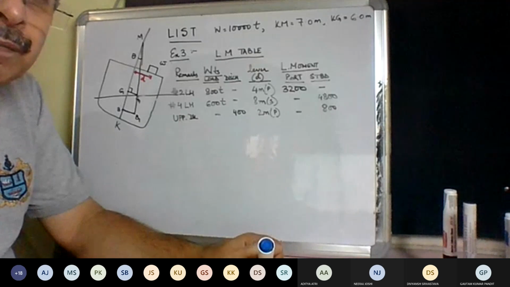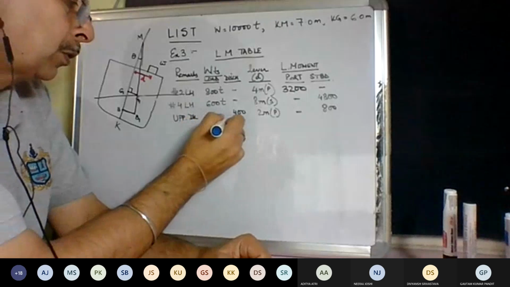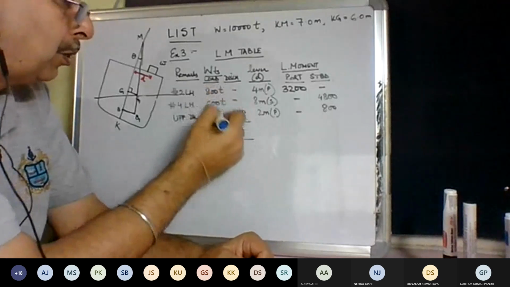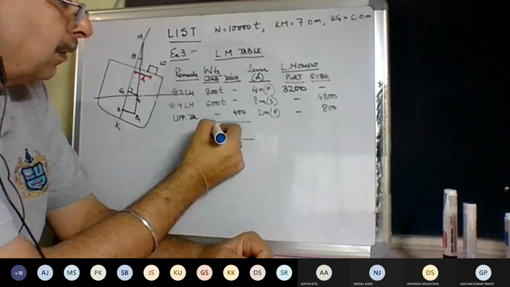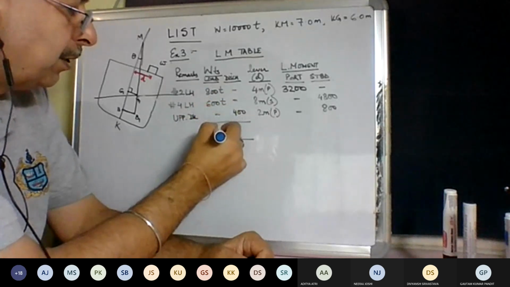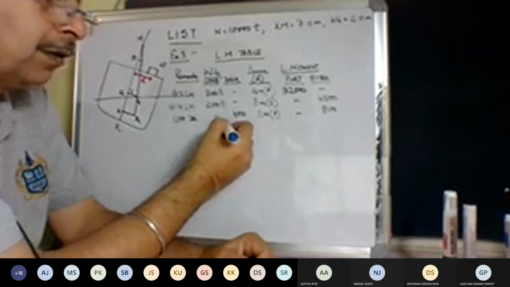All right. So total loading, 800 and 600, is 1400. Total discharge 400.